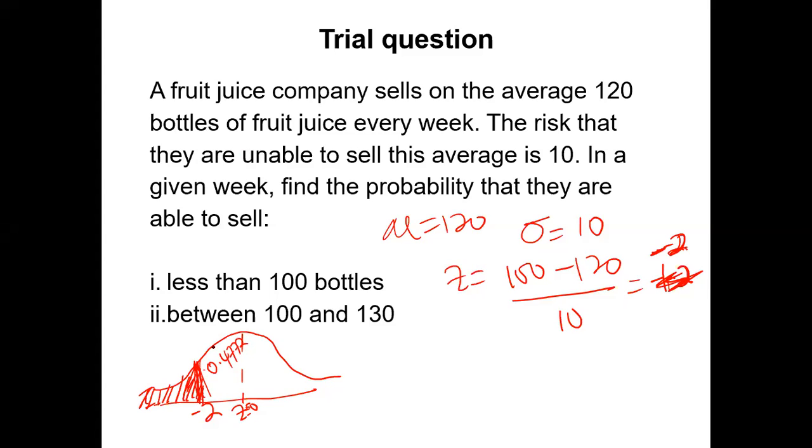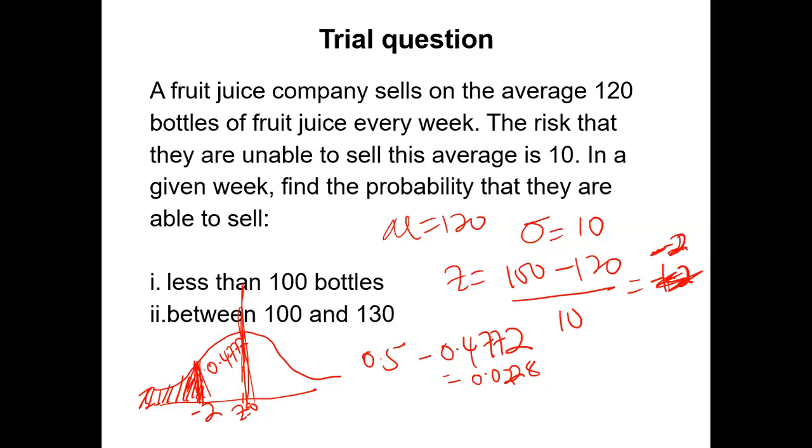So what it means is that if you want to look at this portion, since everything on the left-hand side is 0.5, the probability that it is less than 100 will simply be 0.5 minus 0.4772, okay? That will give us 0.0228.